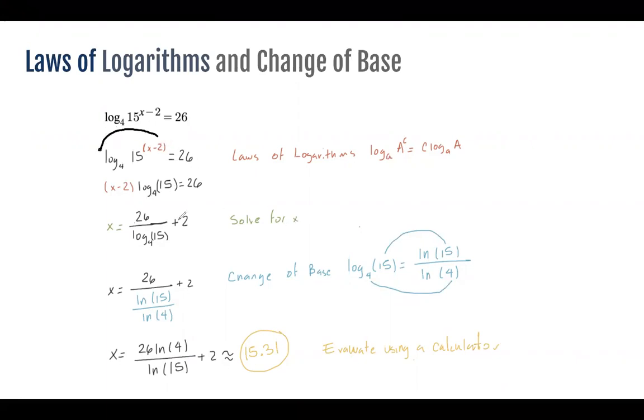Then solve for x. Then use the change of base formula, and then evaluate using a calculator by typing everything at once. Do not find the natural logarithm of 4 and the natural logarithm of 15 on their own and replace them here. Do everything at once and find your final answer on your calculator.